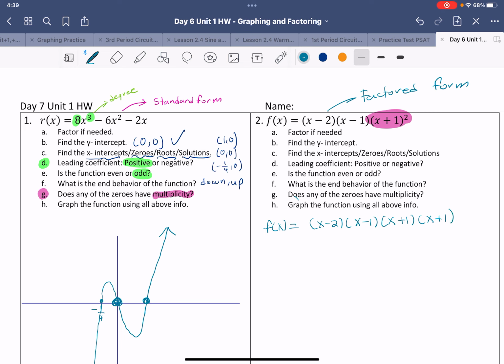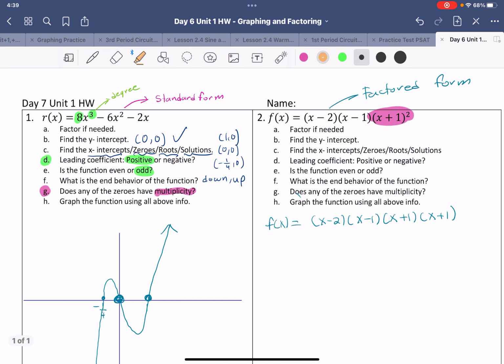So remember, number 1, I told you the highest degree, which was 3, told you the degree of the polynomial.